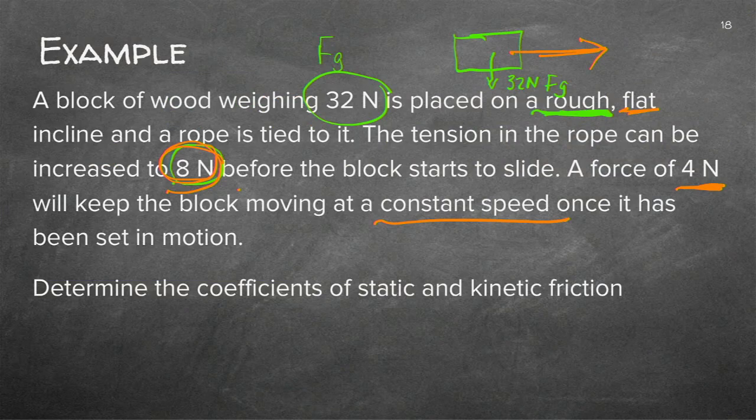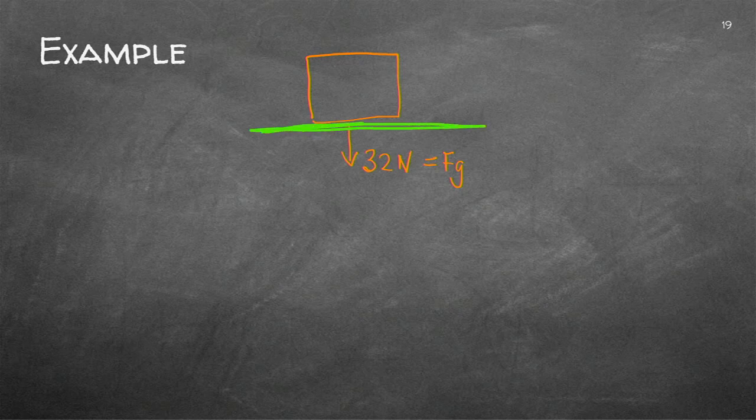The question they asked me: determine the coefficients of static and kinetic friction. I'm firstly going to draw my diagram. I've got this block. I've got 32 newtons as the weight, which is the Fg. Remember, I've got a surface, so I've got that surface there. It's touching. And if I have a surface, you know by now, I also have a normal force.